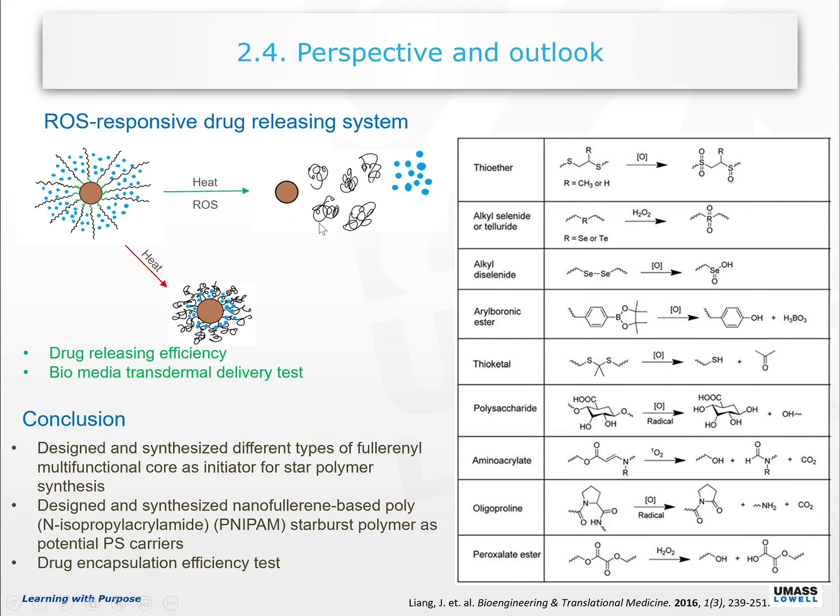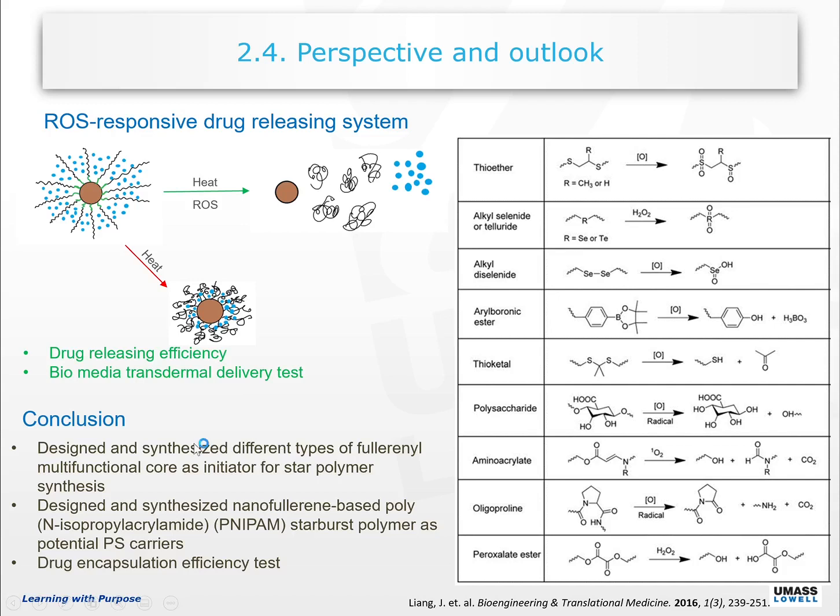So we might design and synthesize this structure in the future to give more drug releasing efficiency, and also we will do some biomedium tests based on this type of system.